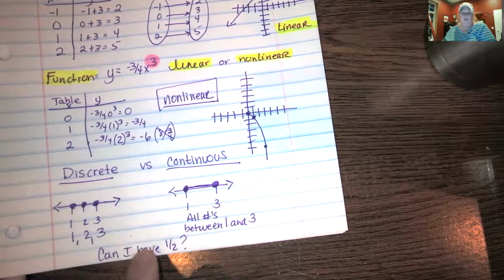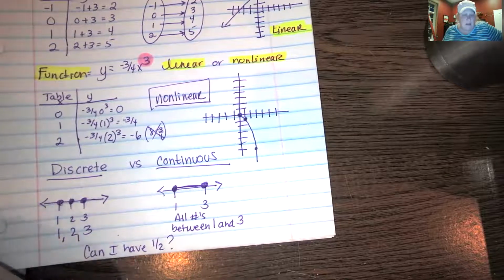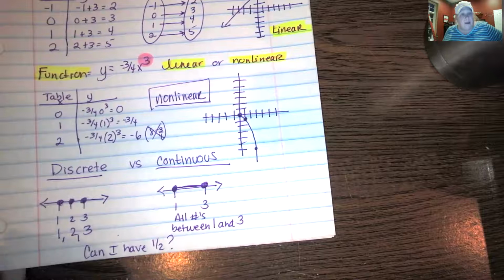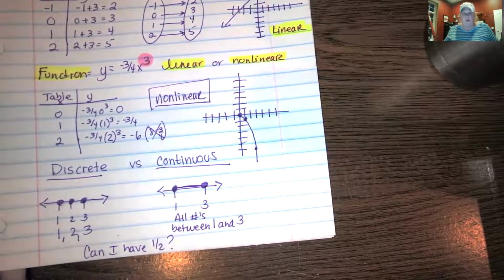The reason I said this is because sometimes we deal with story problems. Like the number of hot dogs I can buy. Literally, can you buy half a hot dog? You can't. But can you buy half a gallon of gas? Yes, you can. So be careful, because then we can point out whether we should be hitting certain dots or a whole bunch.